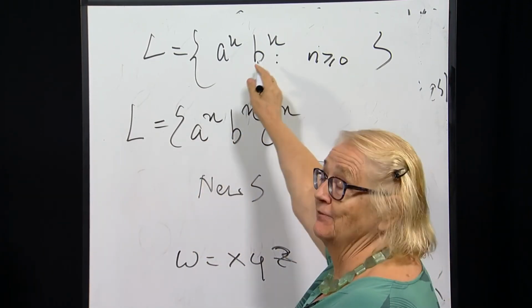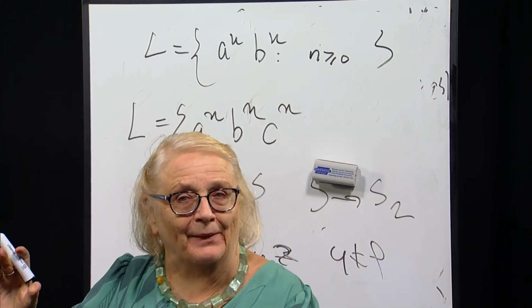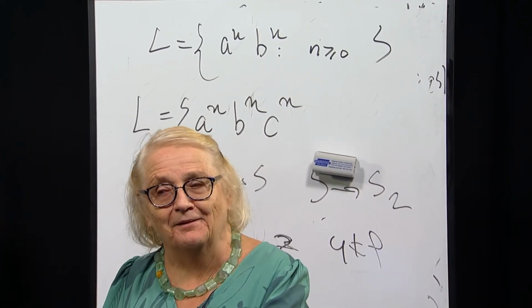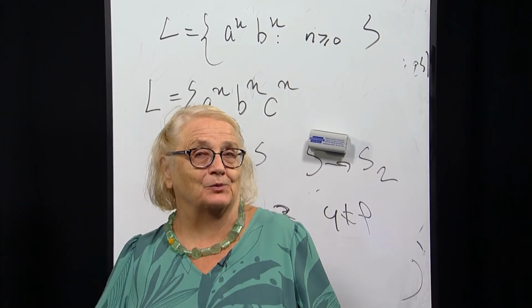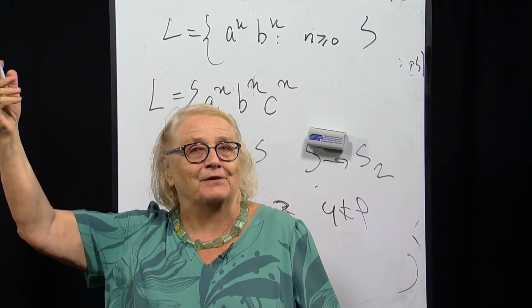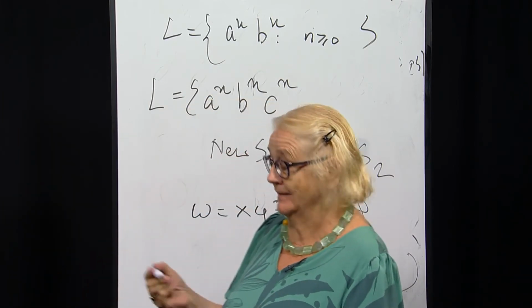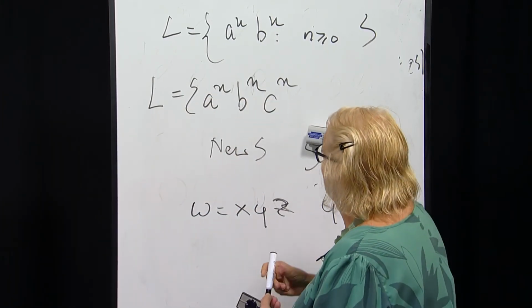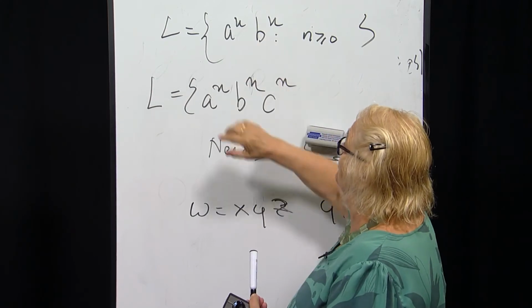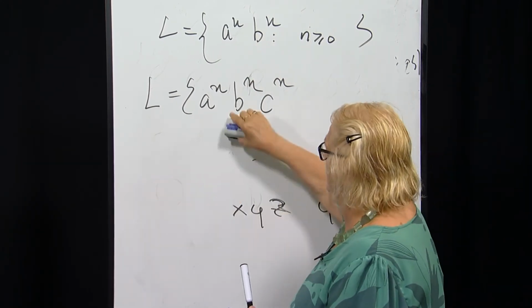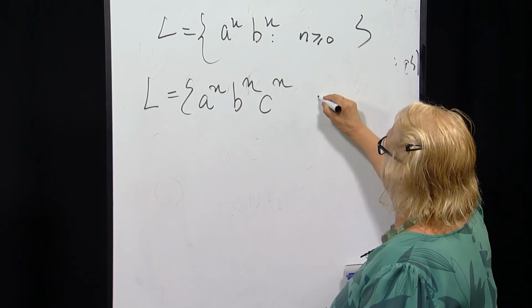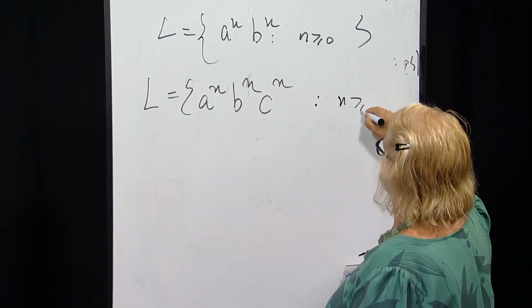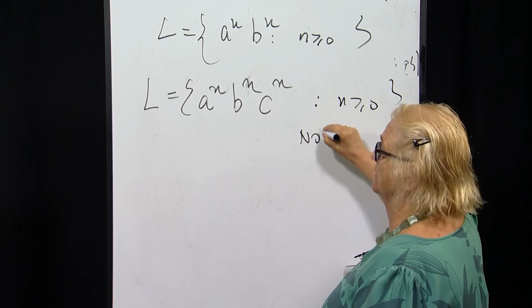You see, we could handle counting very easily with pushdown automata, because we had memory to count those a's. If you can count two symbols, but we cannot count three. So this is the simplest language, with n greater or equal 0, that is not context-free.